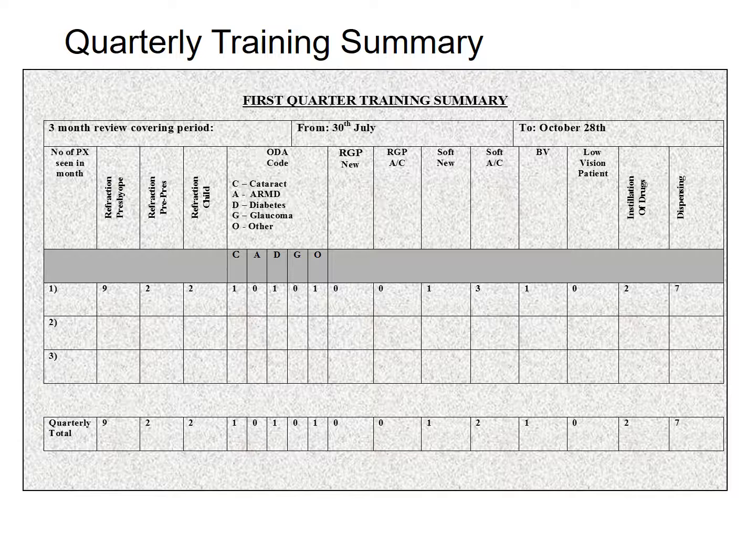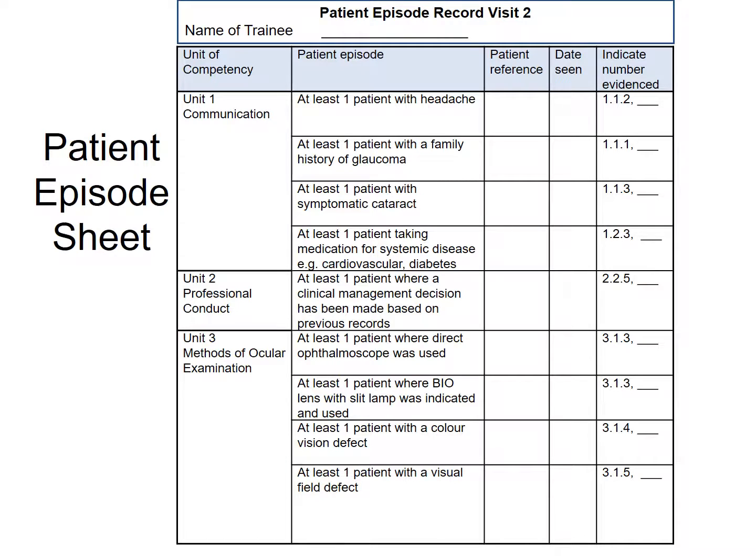And then the other thing that's in the logbook, which is really important, is patient episode sheets. We talked about some of the elements of competence, in fact most of them, needing a compulsory patient episode alongside them. So for each visit, visits 1, 2, 3, there is a patient episode sheet which lists the compulsory patient episodes for that visit.